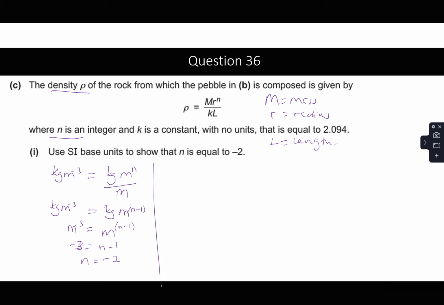And if n becomes negative 2, this expression could precisely be written as either rho equals m r power negative 2 over kl, or for further questions, it would be m divided by kl r squared. So that will be the more precise expression, because next you may want to use it for finding the uncertainties.